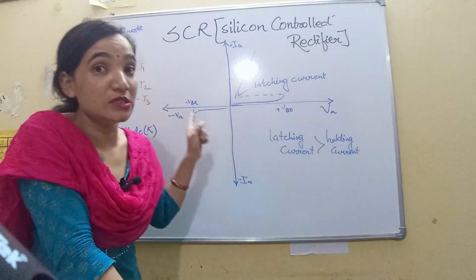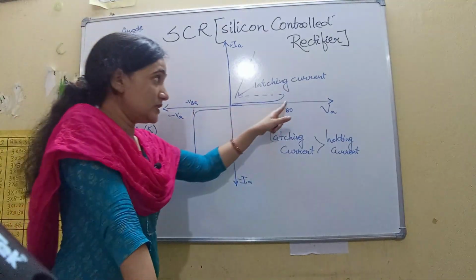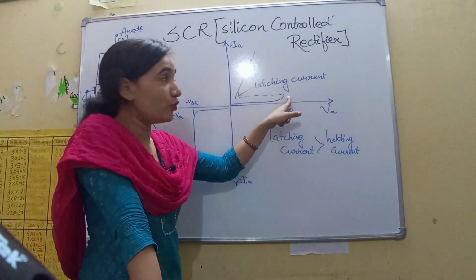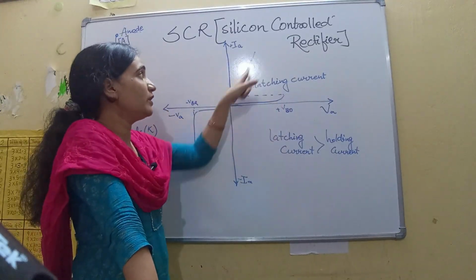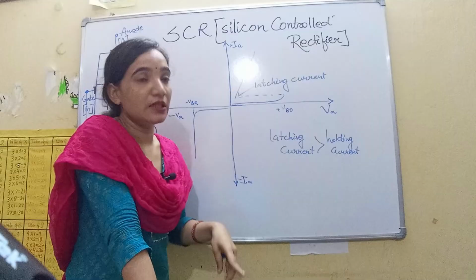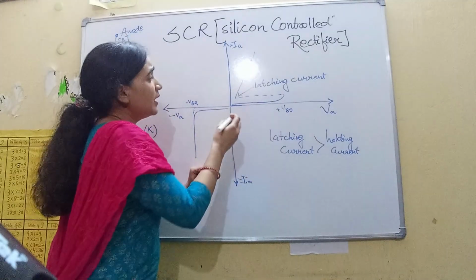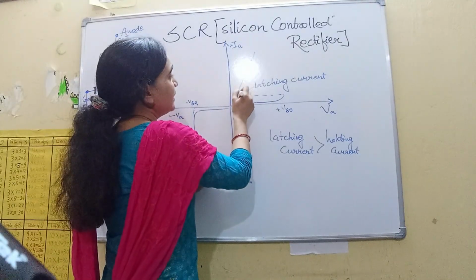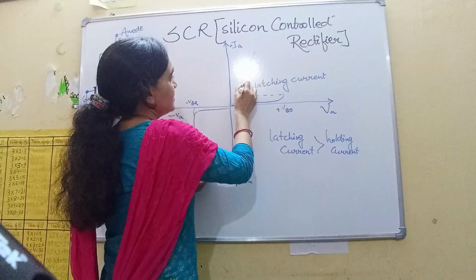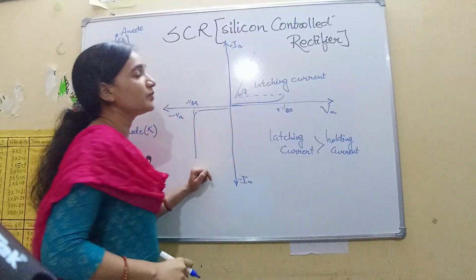We have given the positive trigger to the gate, and it helped to cross the breakover voltage, and after that it starts to conduct in the ohmic region. Here we are giving Ig. Okay, here Ig is given.